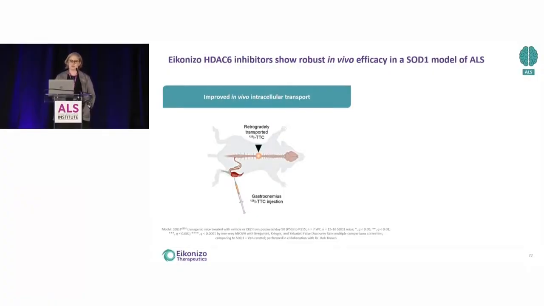We worked very closely with Dr. Justin Lee, who developed this radio-labeled tetanus toxin C fragment that is injected into the gastrocnemius muscle of the mouse, and then it's retrogradely transported into the spinal cord, and then Justin imaged the amount of signal that was taken up into the spinal cord over a 2-week period of time by SPECT imaging, or single photon emission computed tomography.